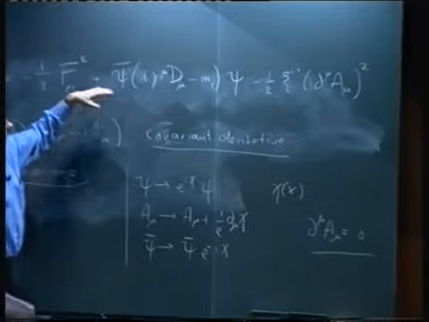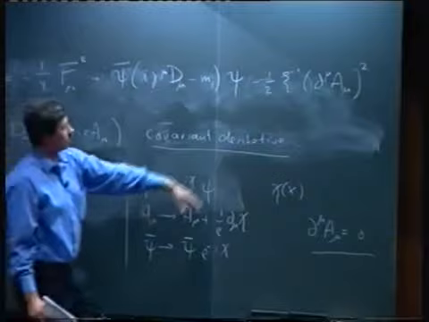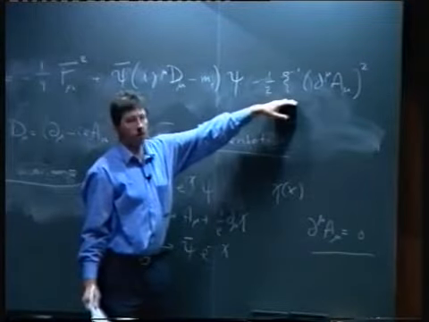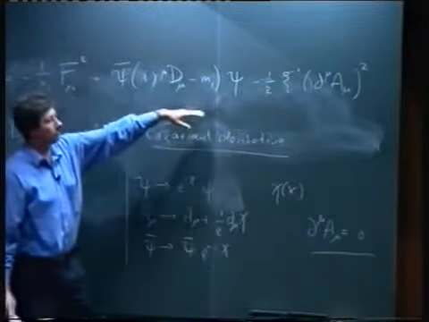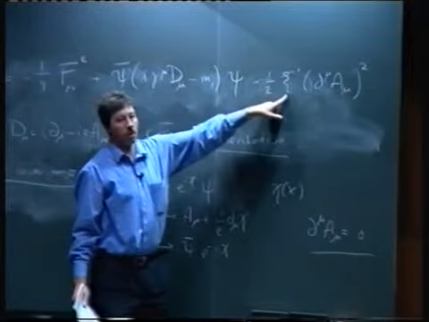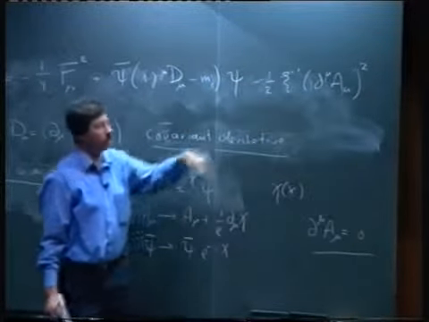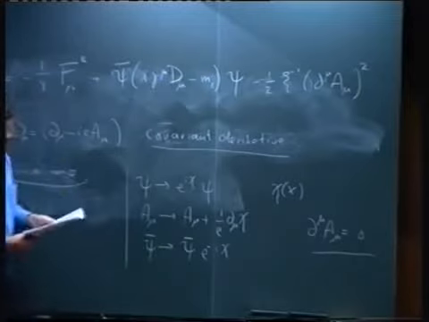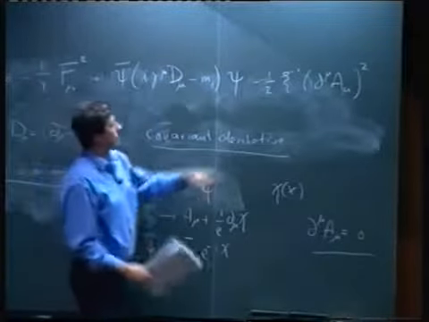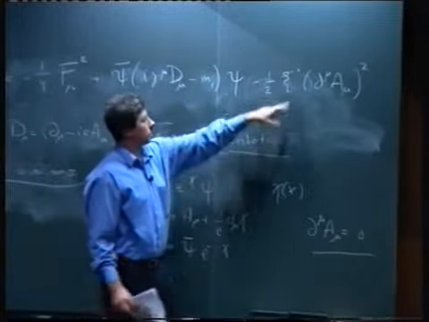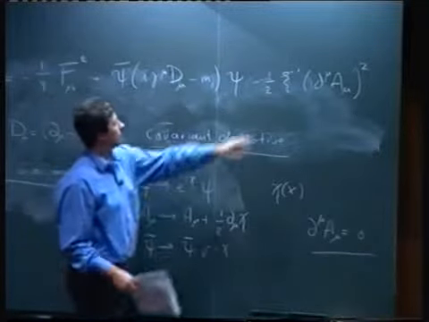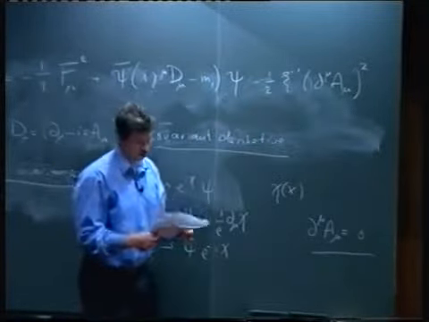What you can show is that because of the gauge invariance, if I derive the Feynman rules using this Lagrangian, this parameter psi should drop out from my final answer. And I can use that to choose a particular parameter psi which is convenient.